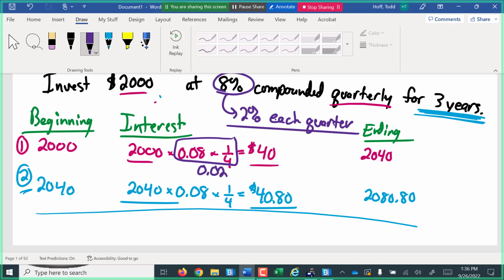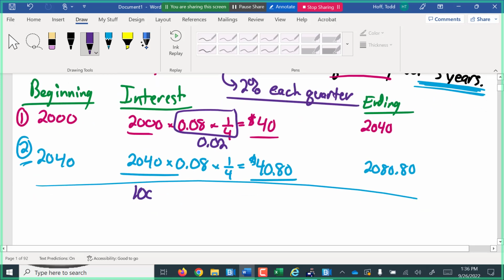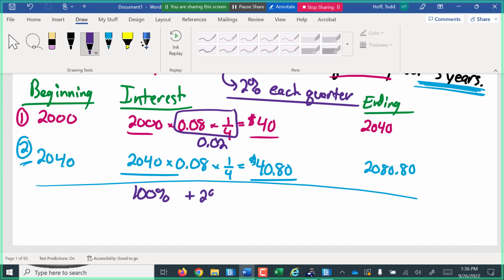Well, then if we go back to what we were looking at the beginning of class with that percent increase, we started with 100% at the beginning of the quarter. We added 2% to it. What we ended with is 102%.